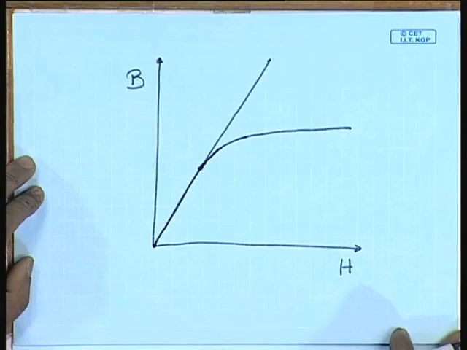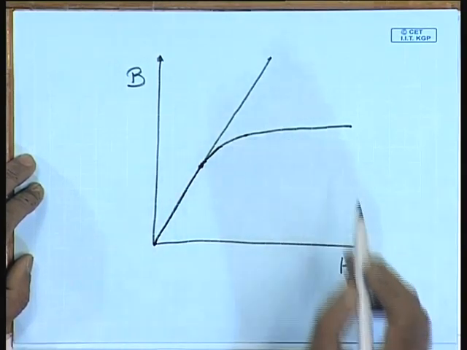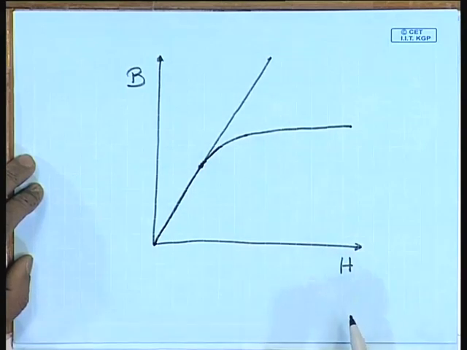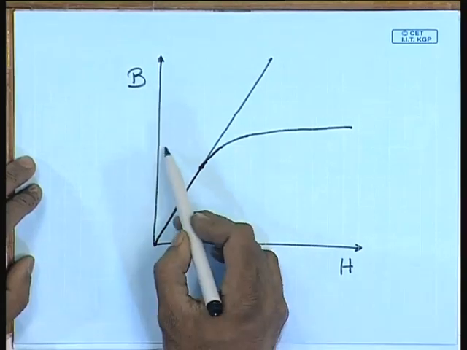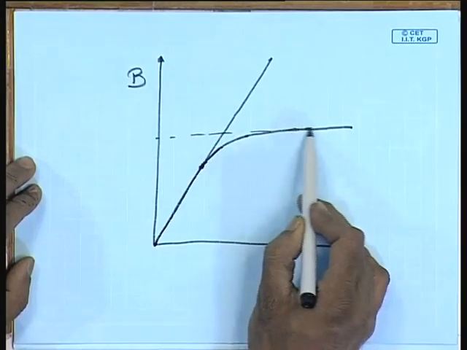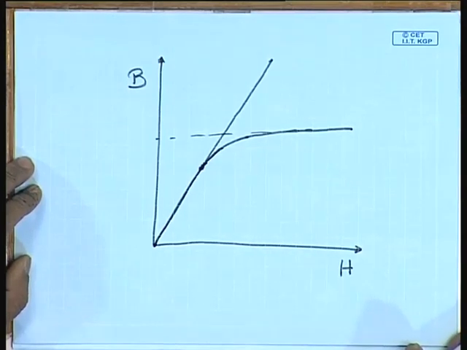However, almost all ferromagnetic material exhibits these characteristics, called the BH characteristics, which has a prominent saturation phenomenon, where the relationship between B and H is nonlinear, and after a critical value of B, further increasing H does not really increase B to a very great extent.